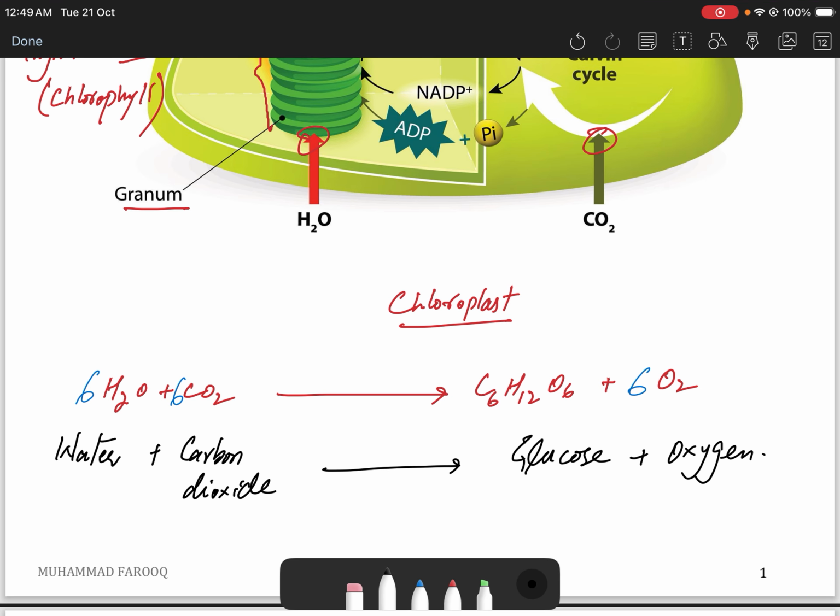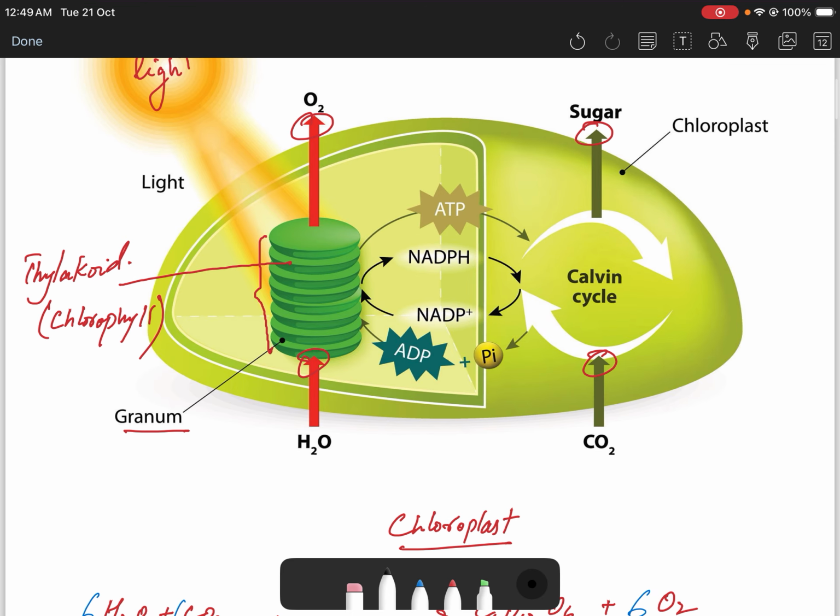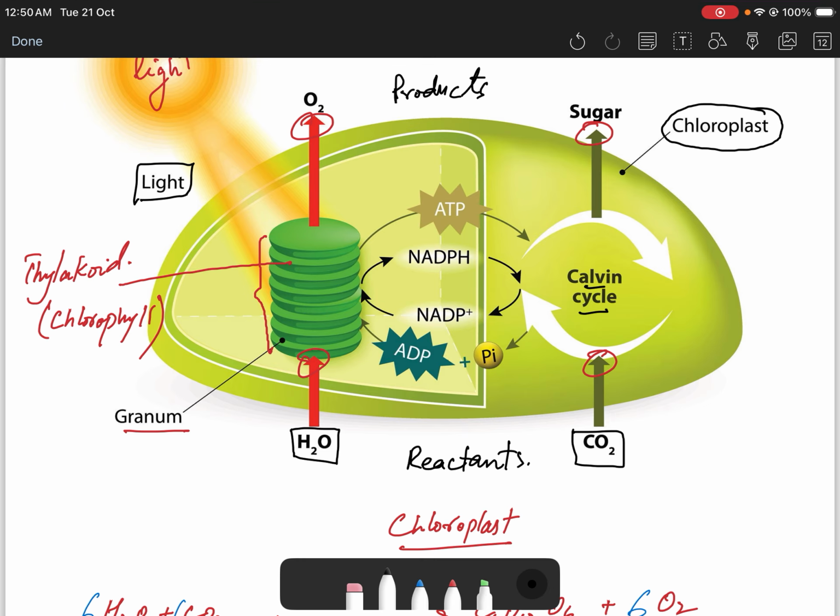Now the most important thing you need to see here is that the reactants of photosynthesis are H2O and CO2. So these two are the reactants and the products are over here. The process takes place in the thylakoid, that's called the light reaction because it requires light, and the Calvin cycle is the dark reaction or light independent reaction, and the organelle is labeled as chloroplast.